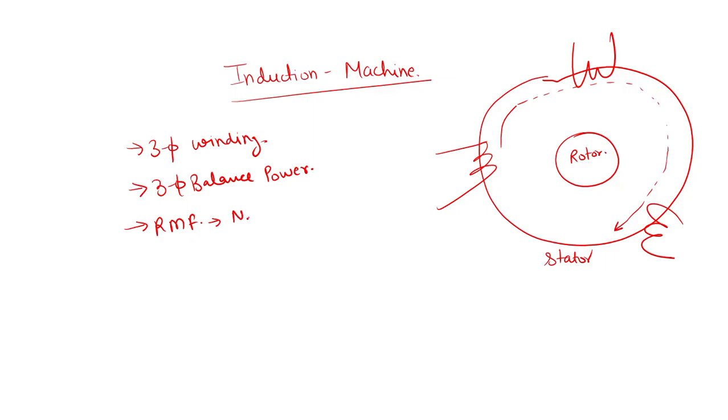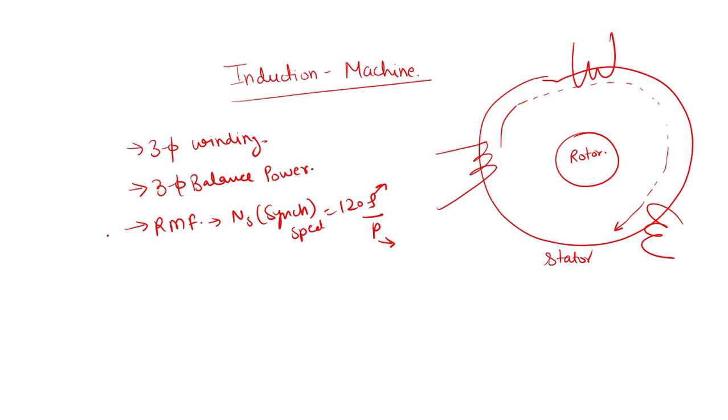Ns means synchronous speed, that is 120 f upon p. What is f? That is frequency, and p is the number of poles. This is the main principle of the induction machine: when you supply three-phase power to the three-phase winding, there is a rotating magnetic field which rotates at Ns speed.